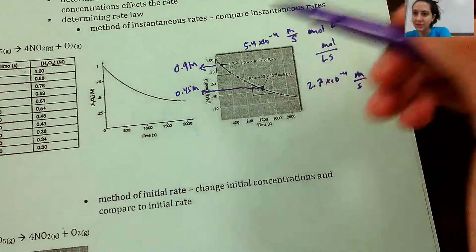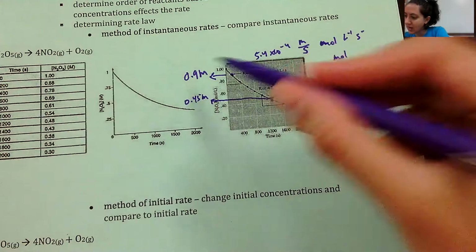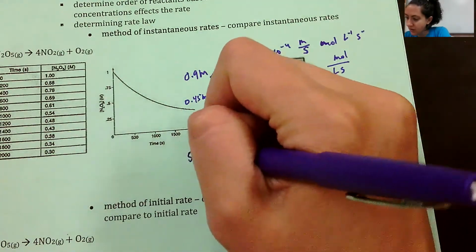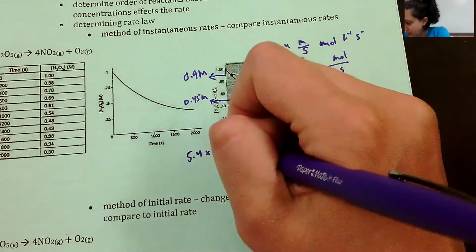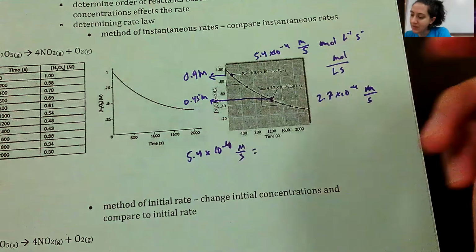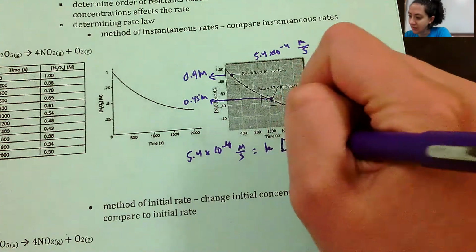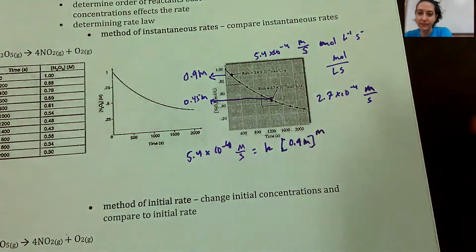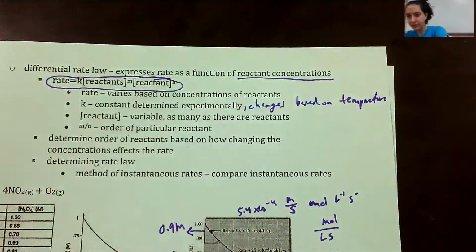So if we've got two equations, we're going to be dividing the two equations. I picked the larger of the two just to make life easier. The rate in this particular case is 5.4 times 10 to the negative 4th. We'll put units in just because we have to. That's equal to K times the concentration, which in this case is 0.9 molar, raised to the M. Again, that's based off of this formula that we're always going to use.